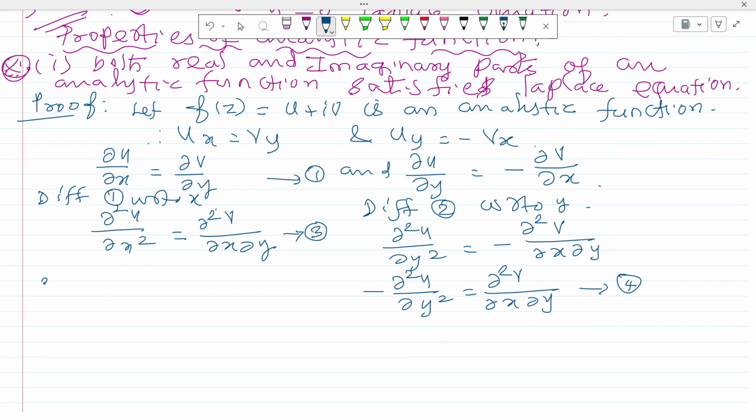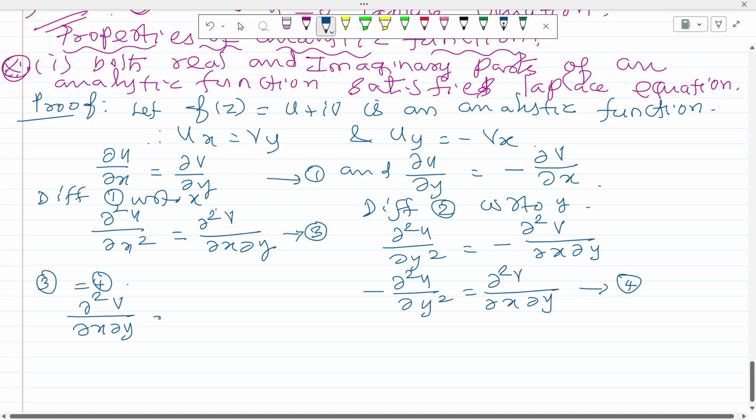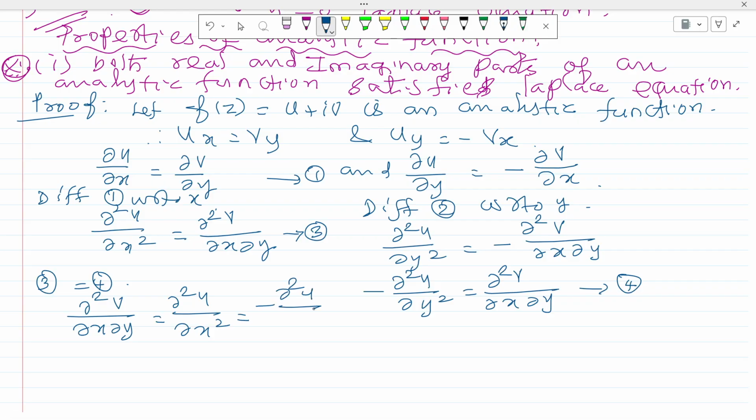Equating 3 and 4, then what do you get? Dou square u by dou x square equal to minus of dou square u by dou y square. Is it not? All are equal.